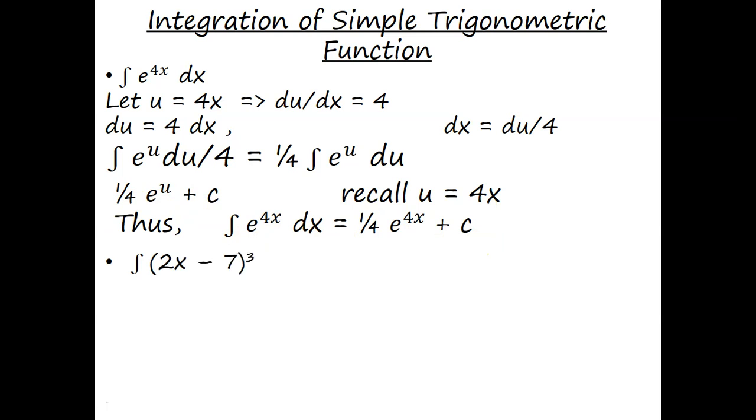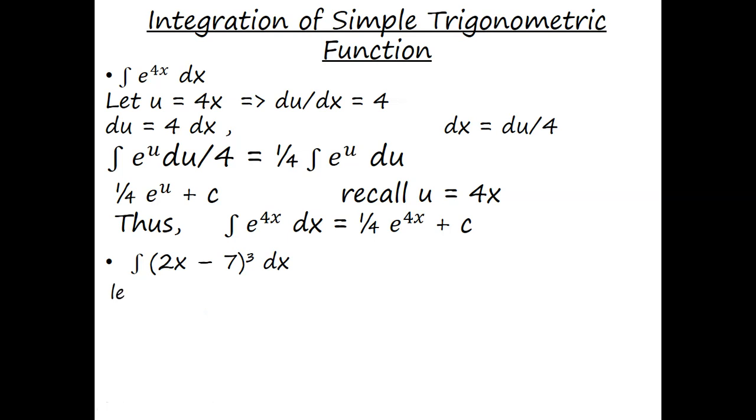And the next one is integral of 2x minus 7 raised to the power 3 dx. Now, if you look at this, it is a function that has a function inside. So we still use our normal procedure of declaring u to be 2x minus 7.